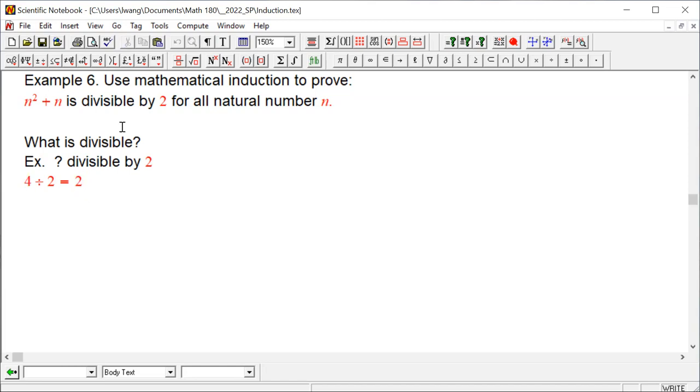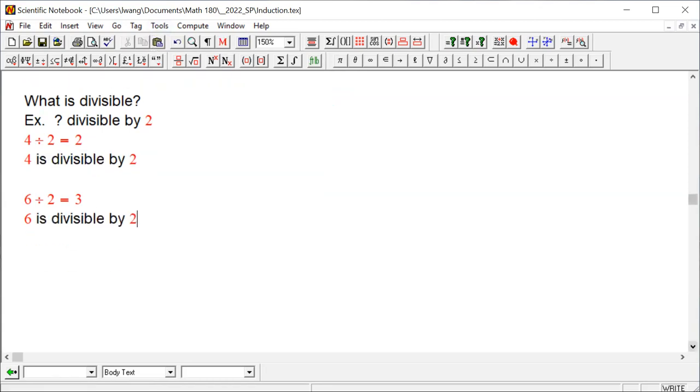So this means that 4 is divisible by 2. Another example: 6 divided by 2 is 3, and 3 as a quotient is a natural number. So we can also say 6 is divisible by 2 as well.